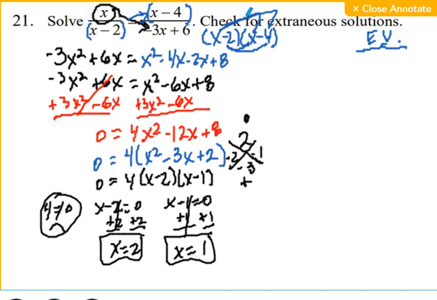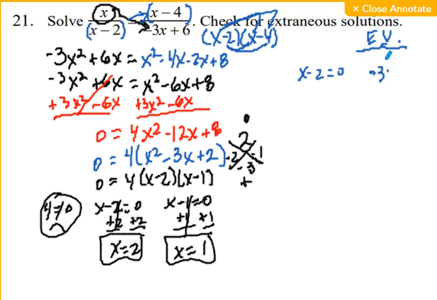So my first denominator is x minus 2, so we set that equal to 0. And the other denominator is negative 3x plus 6 equal to 0. And we solve. So plus 2, x equals 2. That's my first EV.